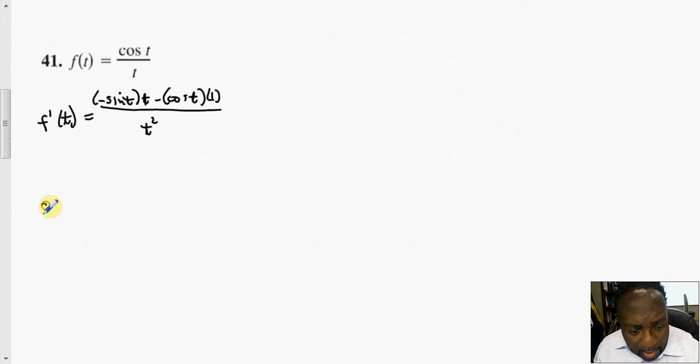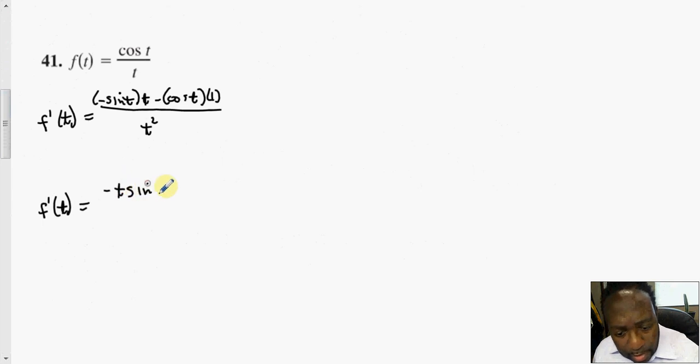So you can simplify that. We write this as negative t sine t minus cosine t all over t squared.